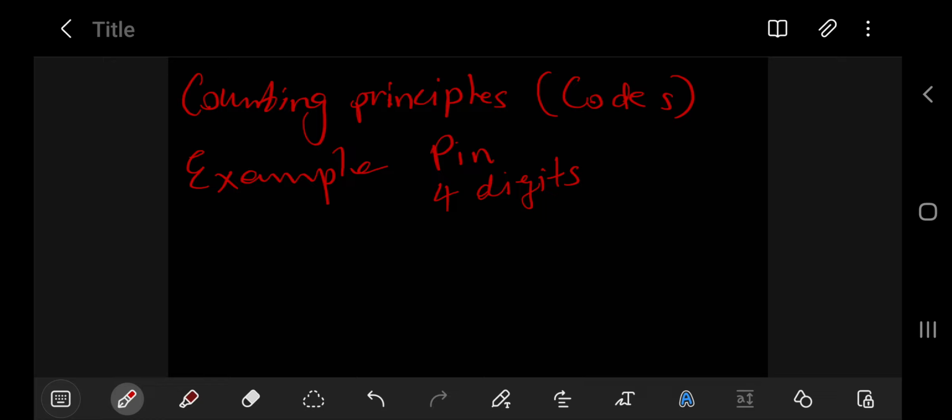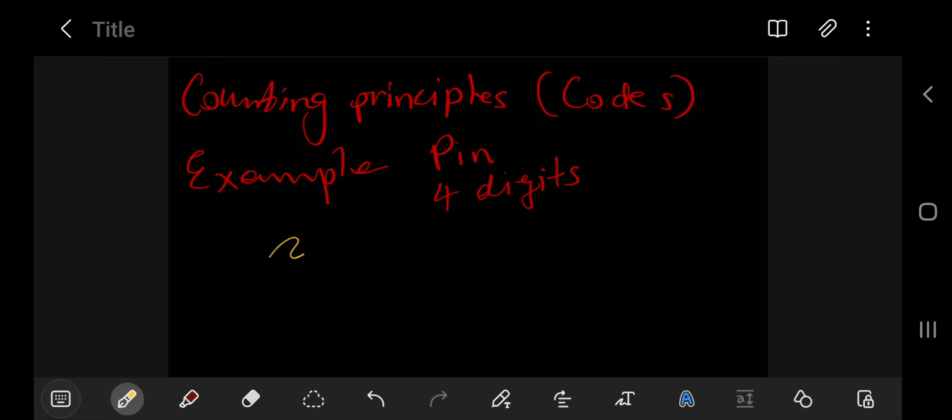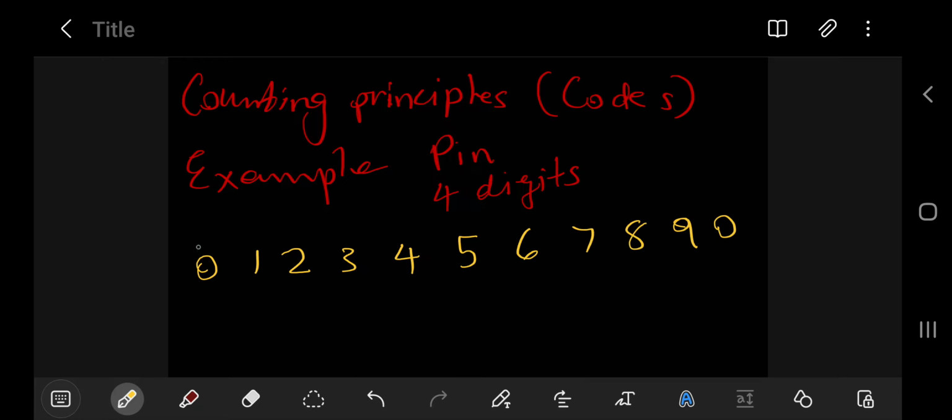Yeah. So first of all, let's check ukuthi ayingakho ama digits lawo esinawo. So ama digits esinawo ay 10. We have 0, 1, 2, 3, 4, 5, 6, 7, 8, 9. So ama digits aqala ku-0 agcine ku-9.